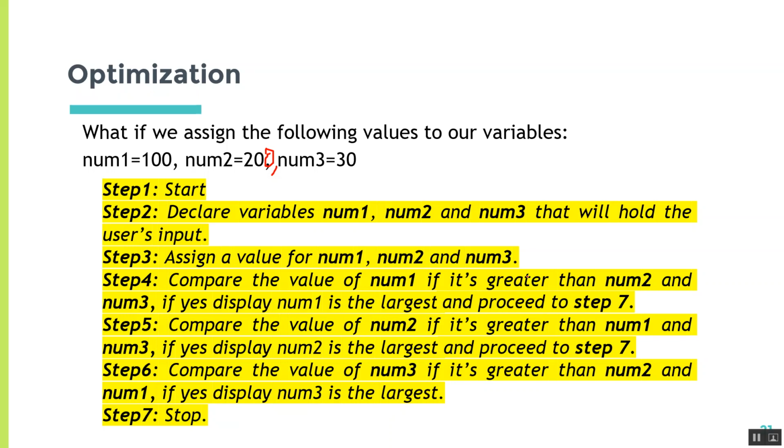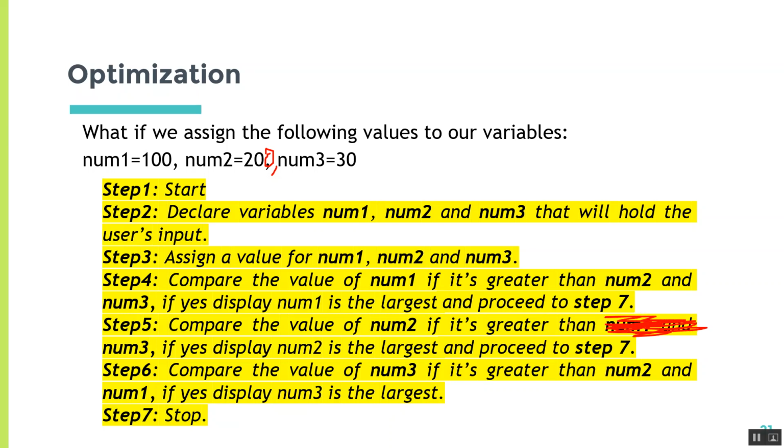If num1 were greater than num2, it would definitely have been displayed, but since it's not, we don't have to compare num2 to num1. So we'll just omit this extra step. Just remove this.